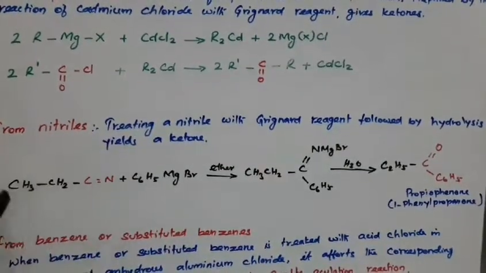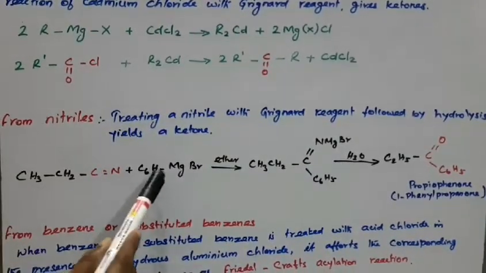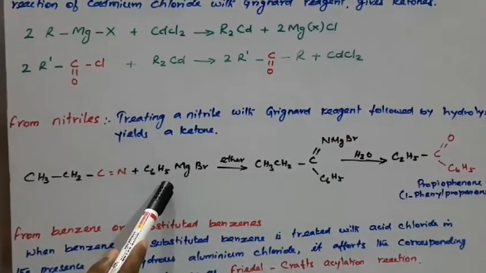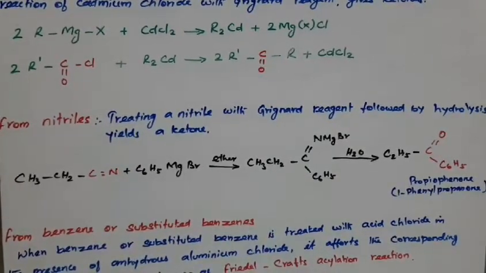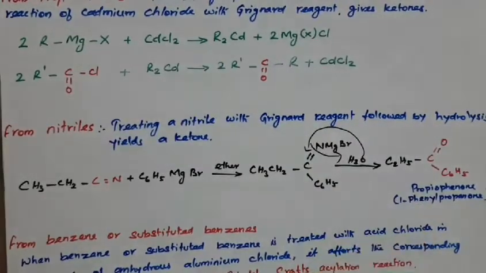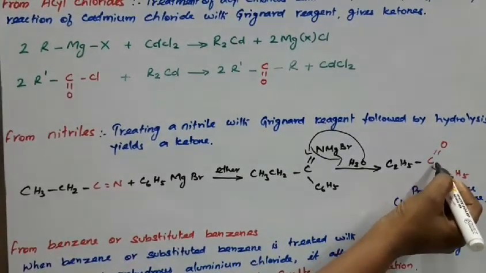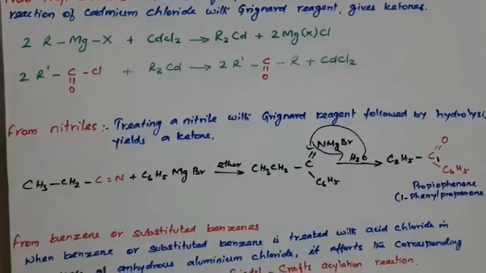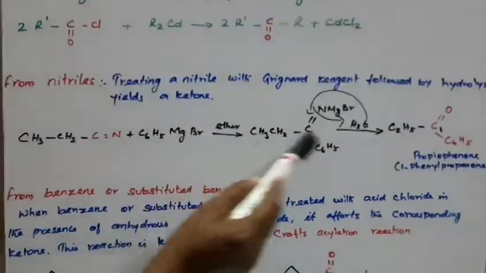Any nitrile, methyl nitrile or ethyl nitrile, reacts with methyl magnesium bromide, an organometallic compound like a Grignard reagent, in the presence of ether as a solvent to produce an intermediate compound. After hydrolysis, the oxygen comes here, and this is called, for IUPAC naming of the ketone, starting with carbon 1, 1-phenyl propanone. So from nitriles, treating with a Grignard reagent in the presence of ether forms a ketone.